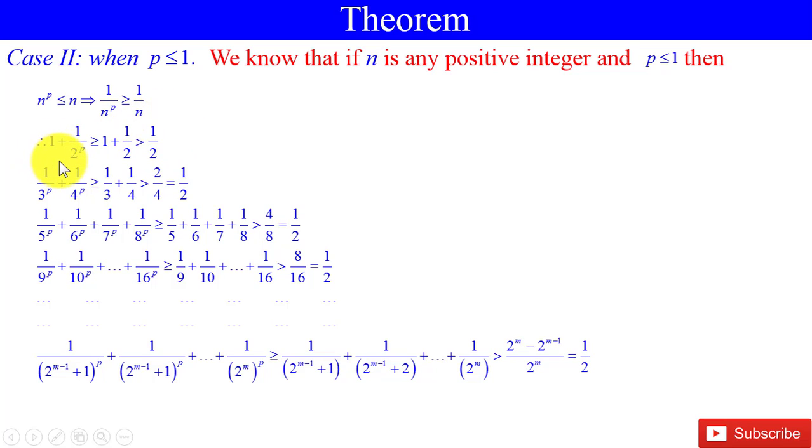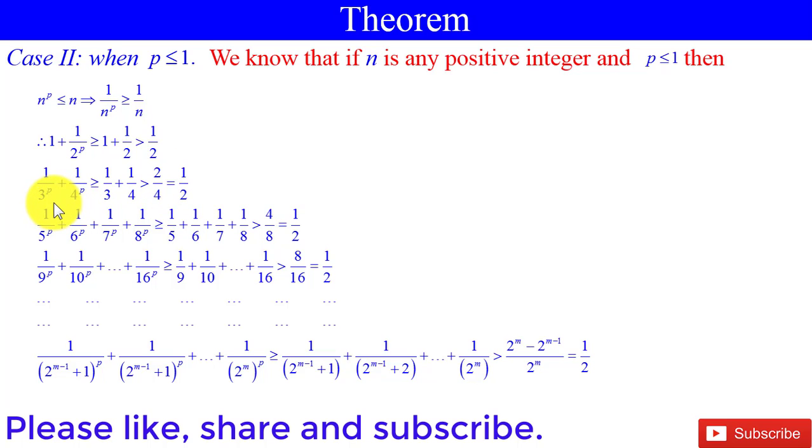Therefore, 1 plus 1 by 2 raised to the power p is greater than or equal to 1 plus half, which is greater than half. 1 by 3 raised to the power p plus 1 by 4 raised to the power p is greater than or equal to 1 by 3 plus 1 by 4, which is greater than 2 by 4, equal to half.